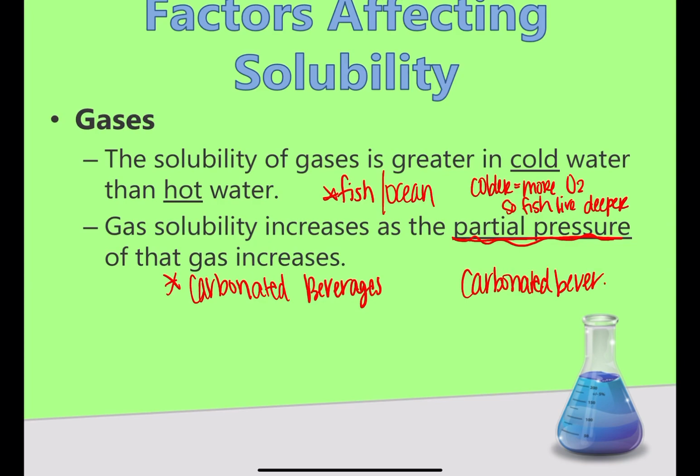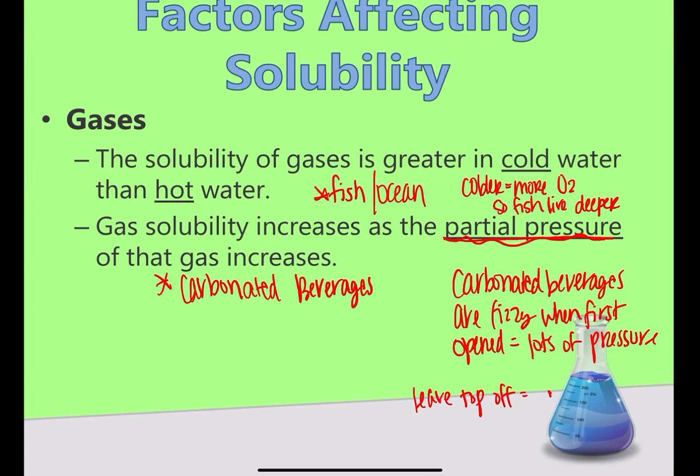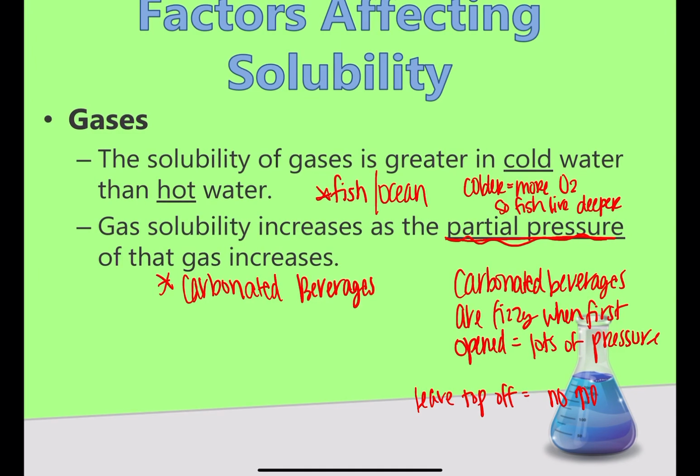So that's why carbonated beverages, I'm going to make a little note here that you may want to write down too, are fizzy when first opened because there's lots of pressure. If you leave the top off, the CO2 is left.